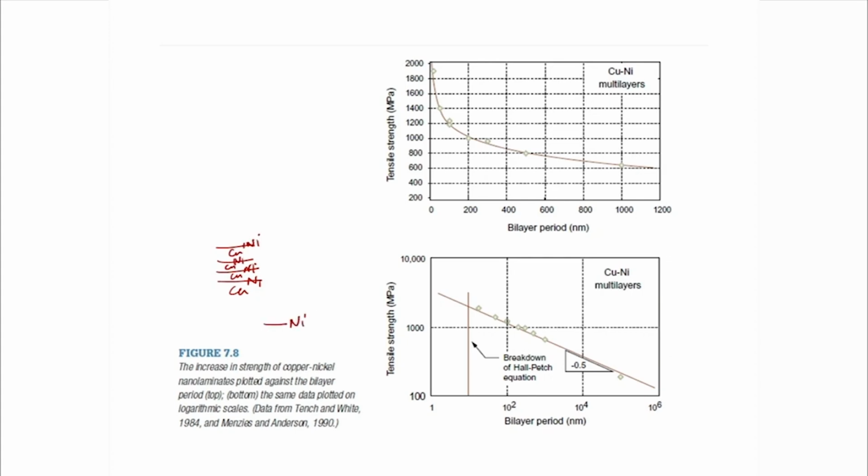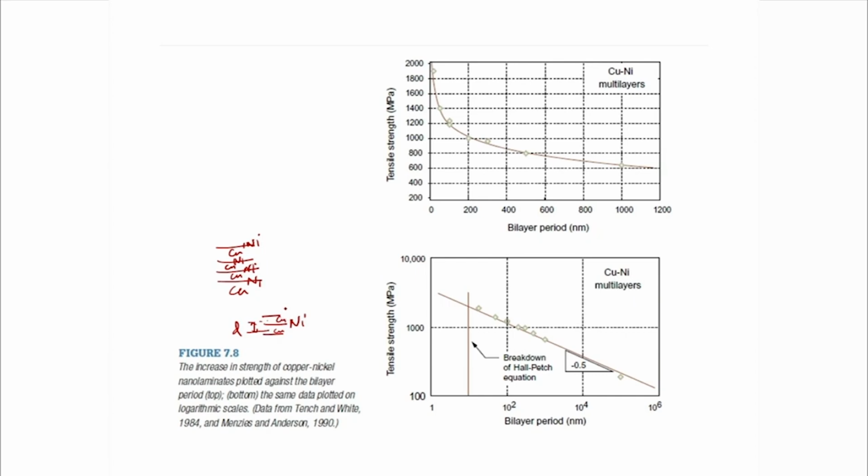So if you deposit this kind of multilayers, and the bilayer period varies, what does bilayer period mean? Bilayer period means this distance. This is D, from the center of this copper to the center of the next copper. In between there is a nickel layer. So that's the bilayer period.